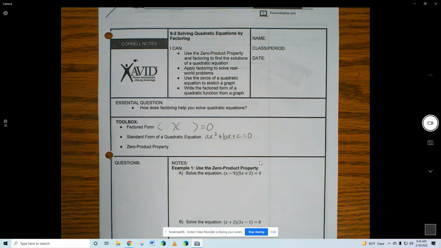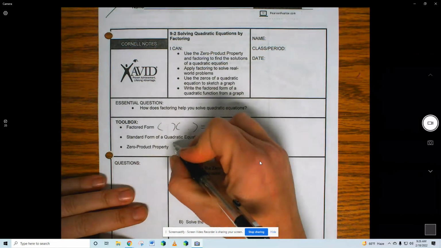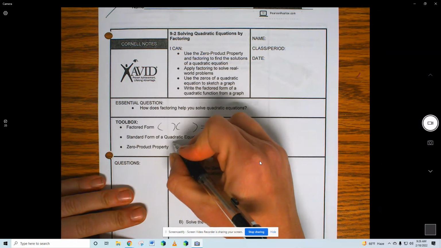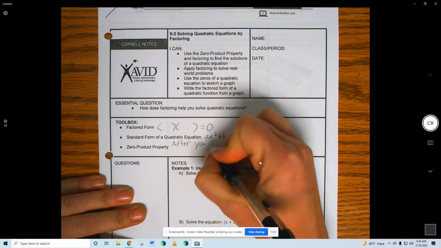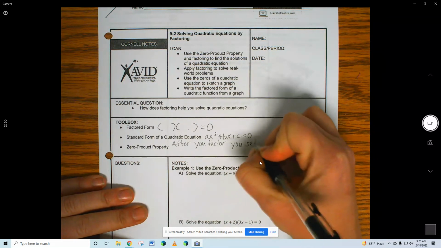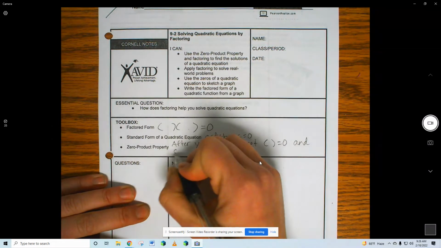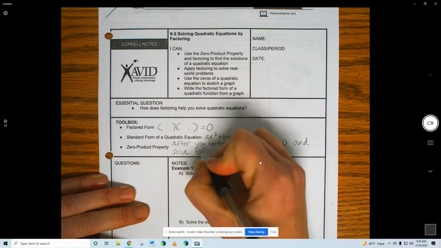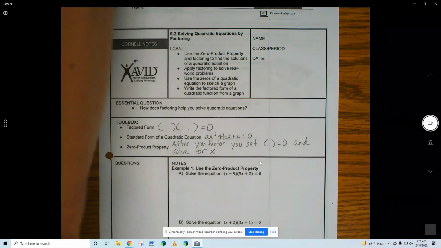Zero product property is when, after you factor, you set the parentheses equal to 0 and solve for x. We have already done a whole lesson on this.